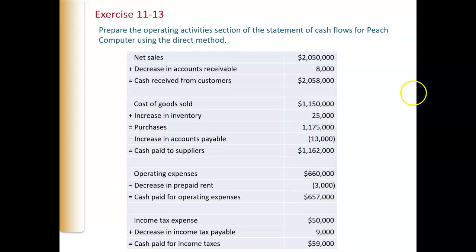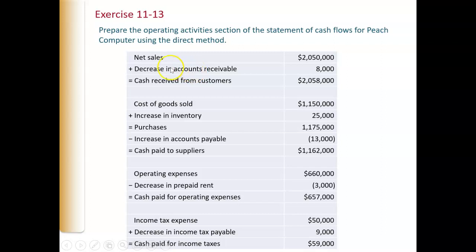So when we prepare the operating activity section of the statement of cash flows, we had our net sales. Think about this. Our sales were at $2,050,000. We had a decrease in our accounts receivable.